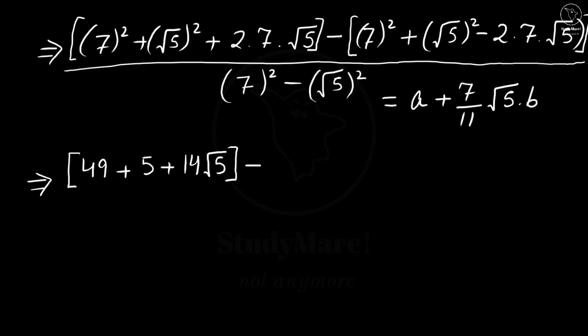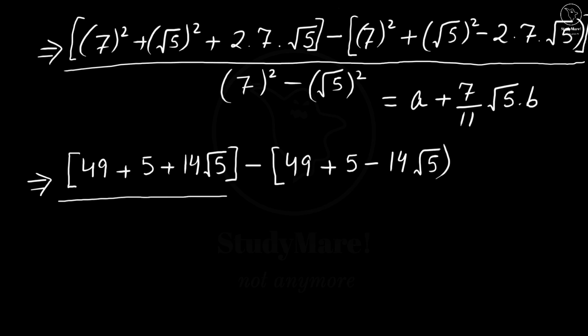Then we have minus bracket, 7 square is 49 plus root 5 square is 5 minus 2 into 7 is 14 root 5, divided by 7 square is 49 minus root 5 square is 5, which is equal to RHS.